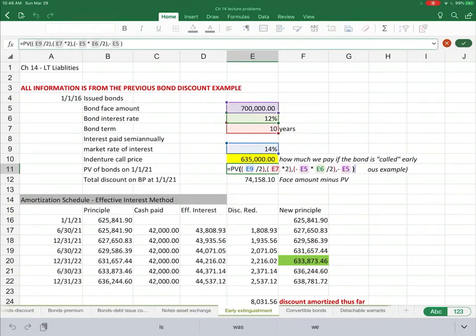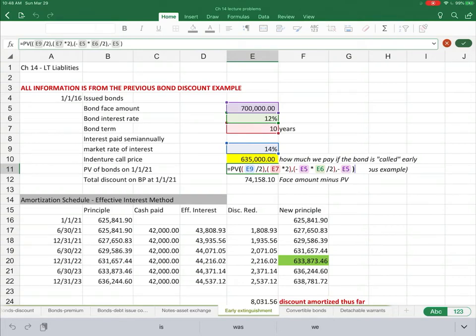We already went through the present value calculation for the sale of the bond and the price of the bond on the day that we sold. The number of periods would have been 20. Our market rate of interest would have been 14% divided by 2. Our payment amount would have been $700,000 times 12% divided by 2.